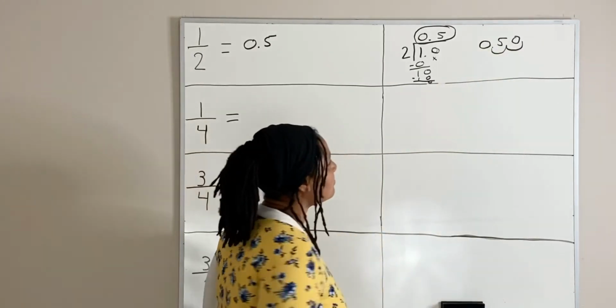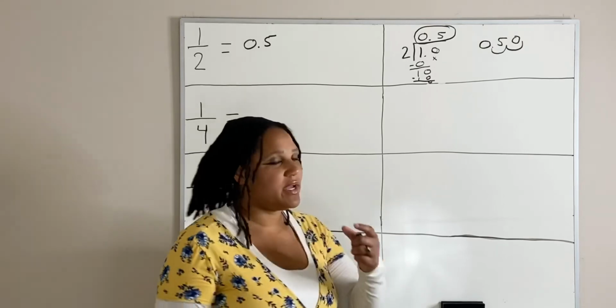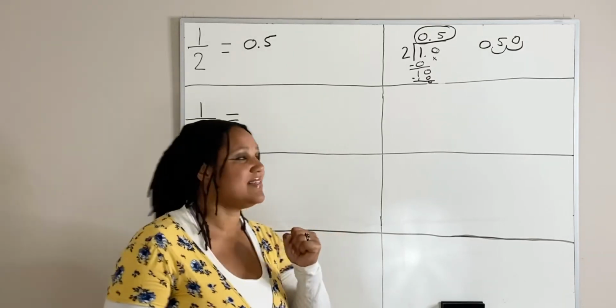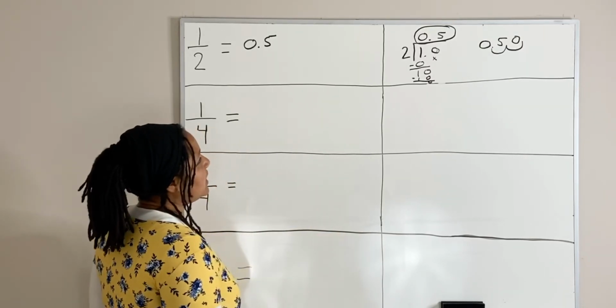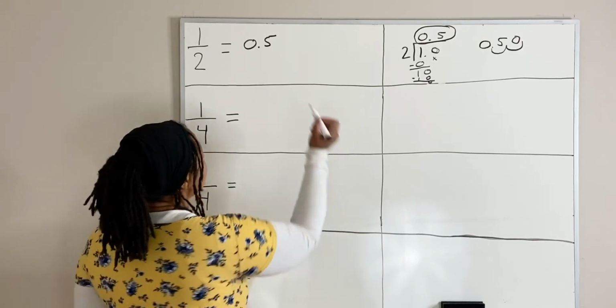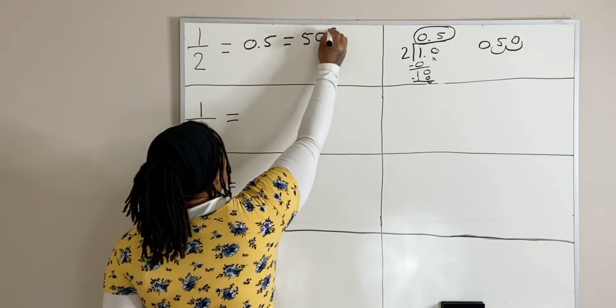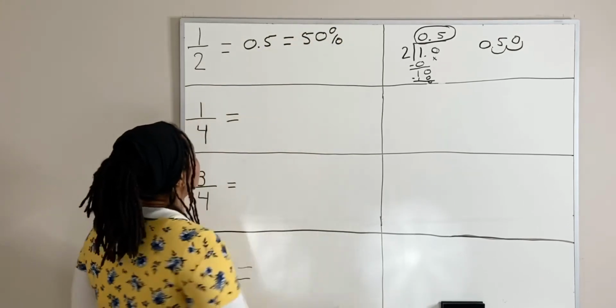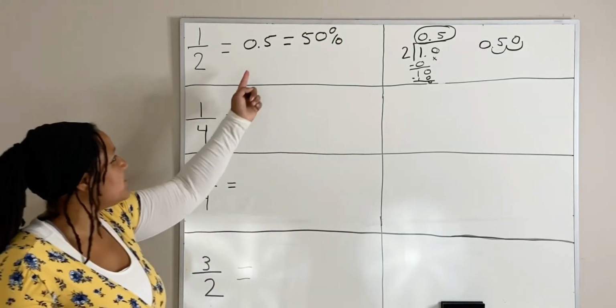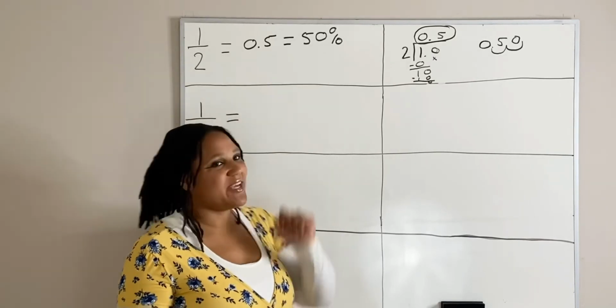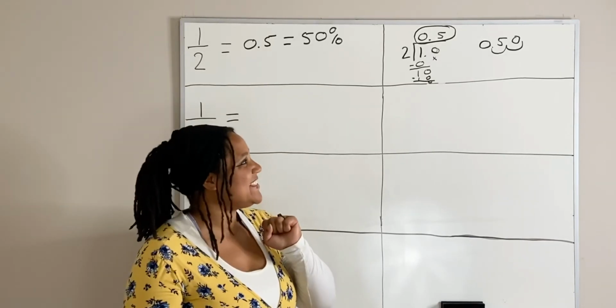That is where we're going to put the percent sign. So it's going to be 50%. So 1/2 is equal to 0.5, which is also equal to 50%.